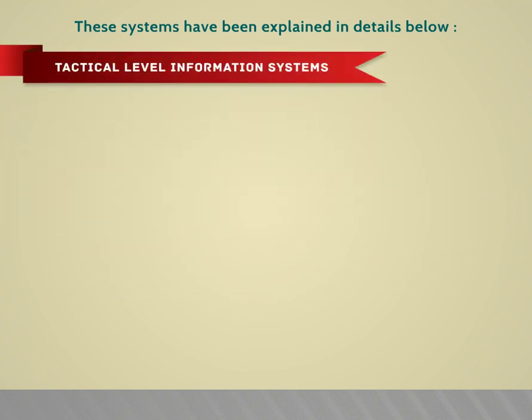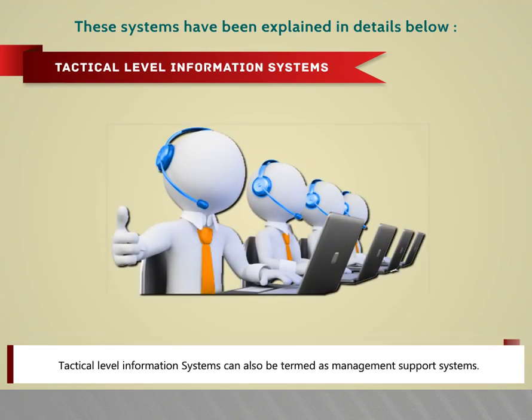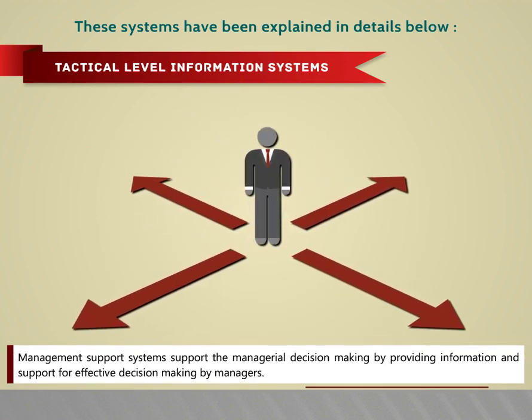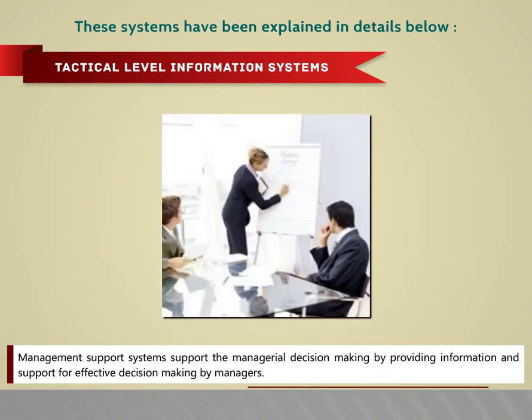Tactical level information systems. Tactical level information systems can also be termed as management support systems. Management support systems support the managerial decision making by providing information and support for effective decision making by managers.